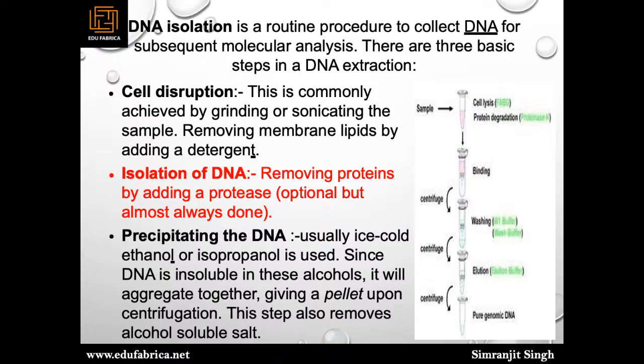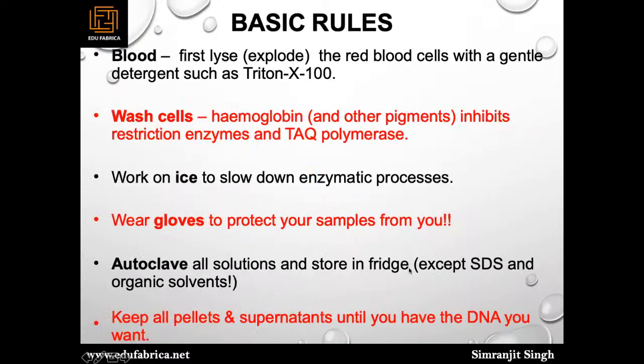Since DNA is insoluble in these alcohols, it will aggregate together, giving a pellet upon centrifugation. This step removes the alcohol soluble salt. So you have your cell lysis, you add proteinase K, then binding is done, then washing is done with the wash buffer, then you elute your DNA with the elution buffer, and at the end you have pure genomic DNA.